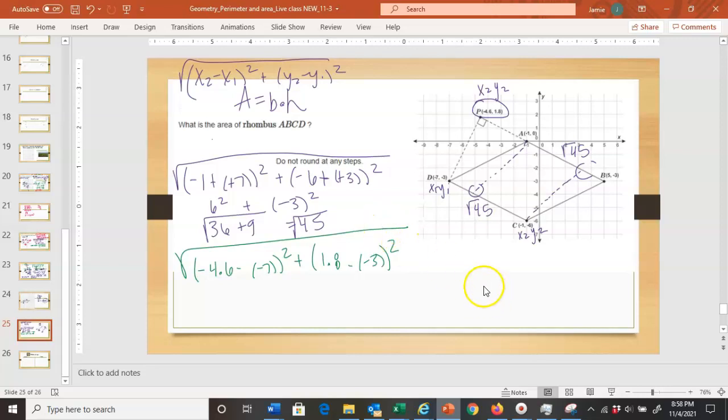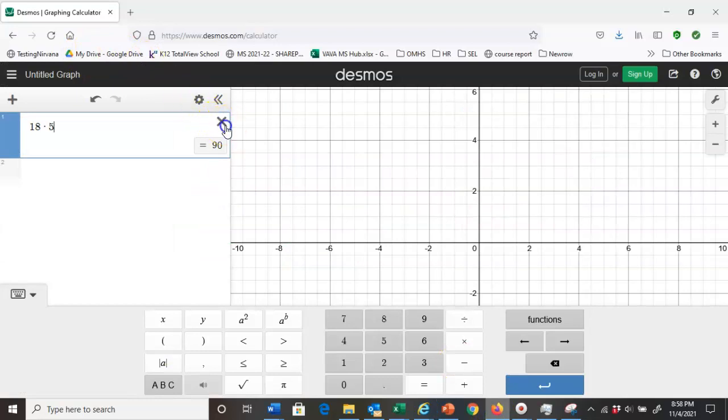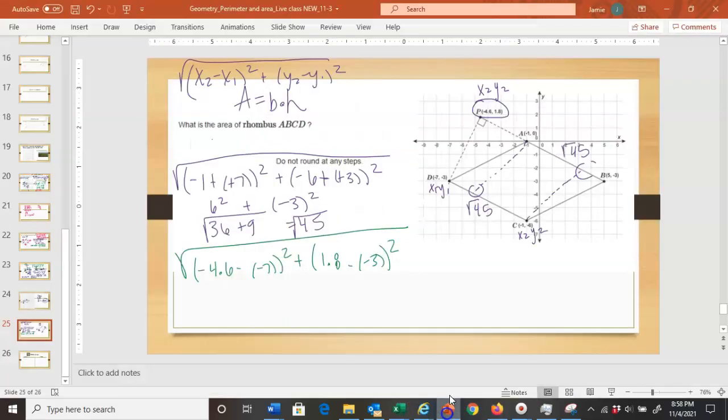So -4.6 minus -7. -4.6 basically plus 7, right? So it's 2.4. And then 1.8, so that's 4.8, right?